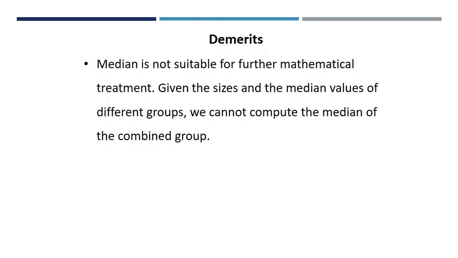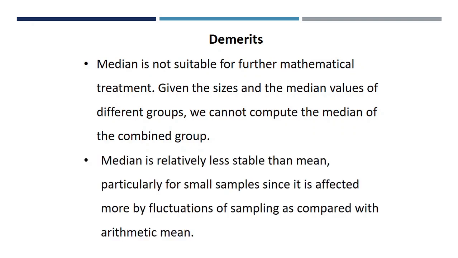Median is not suitable for further mathematical treatment. That means if we are given the sizes and median values of different groups or different distributions, we cannot compute the median of the combined group. And it is relatively less stable than mean, especially for small samples, since it is affected more by the fluctuations of sampling.